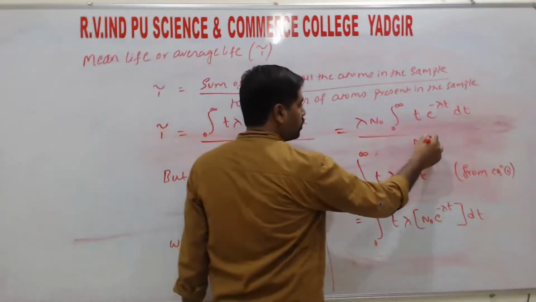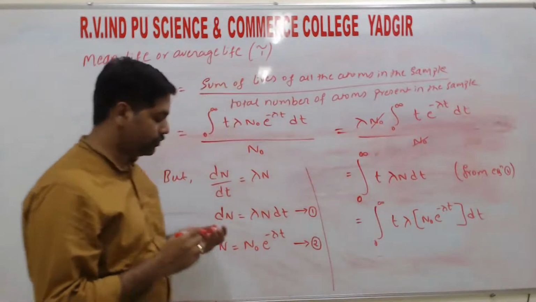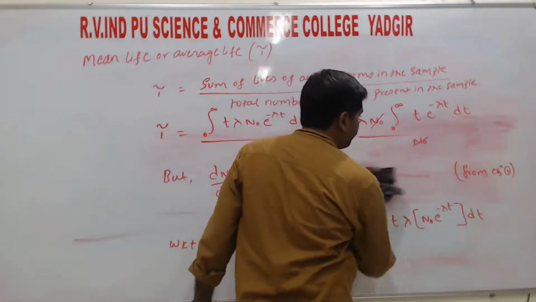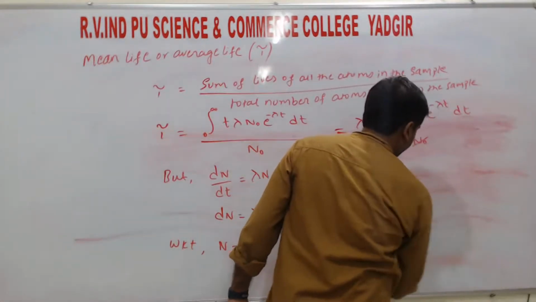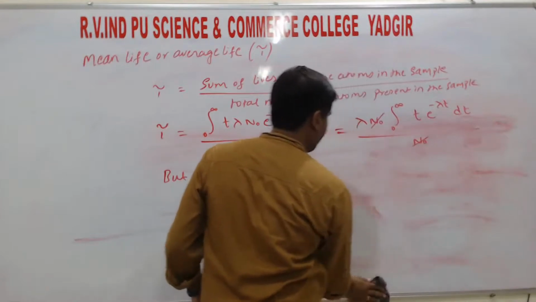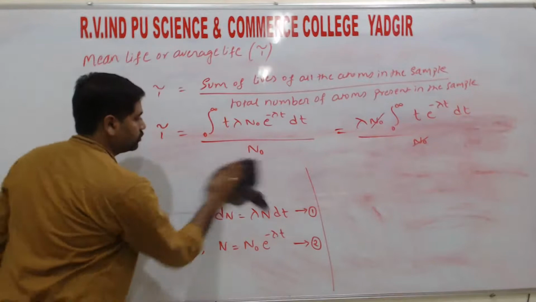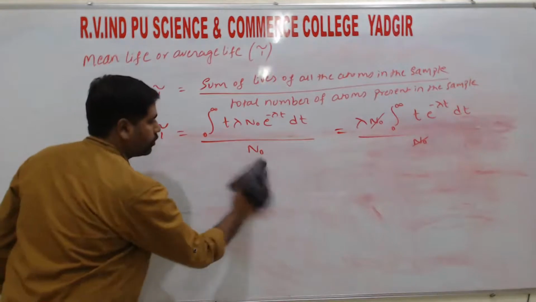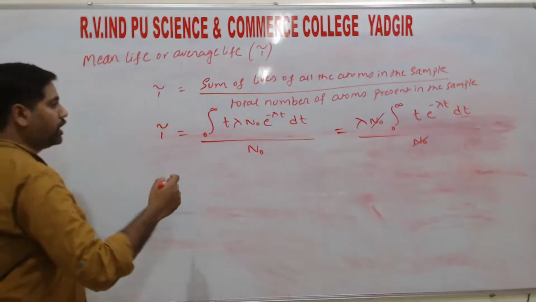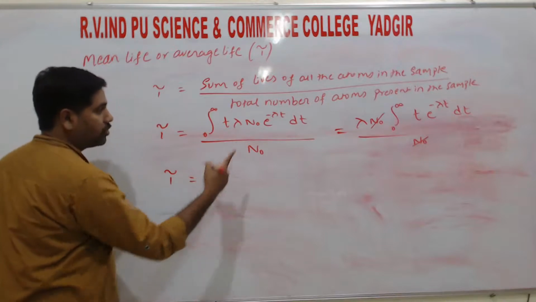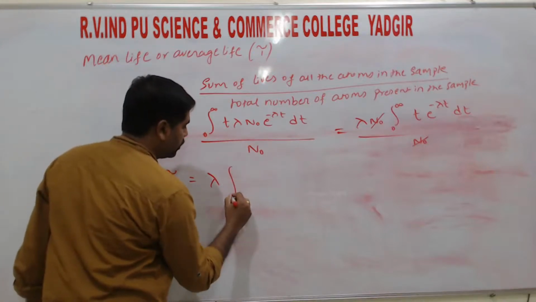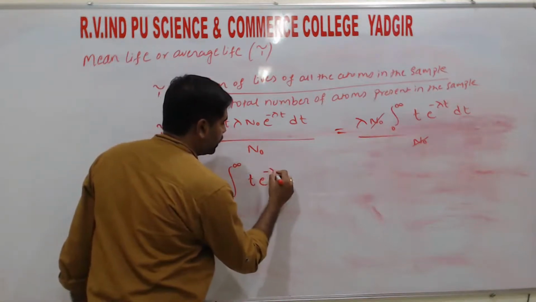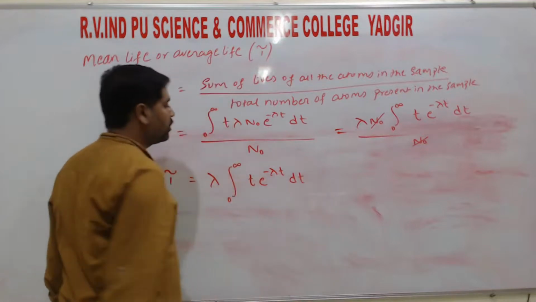So here n naught gets cancelled, right? So here the average life tau is equals to the remaining, lambda 0 to infinity t e to the power of minus lambda t dt, right?